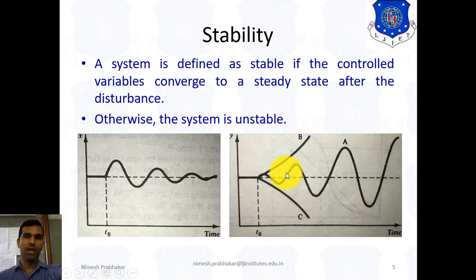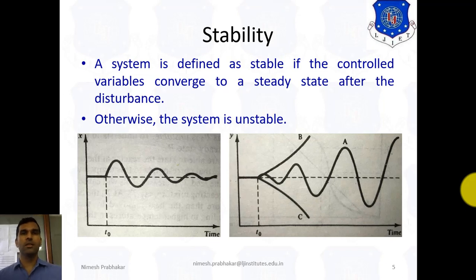See here, the value does not return to its state after some disturbance at t equals 0. A process whose variable follows the pattern indicated by y in this figure is called an unstable process and requires external control for the stabilization of its behavior.